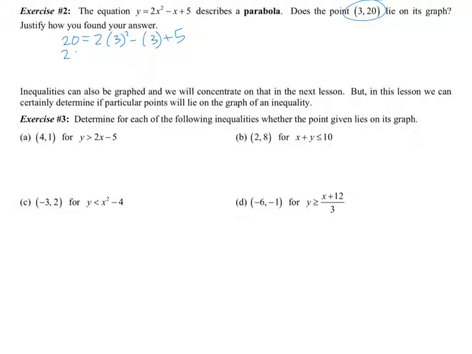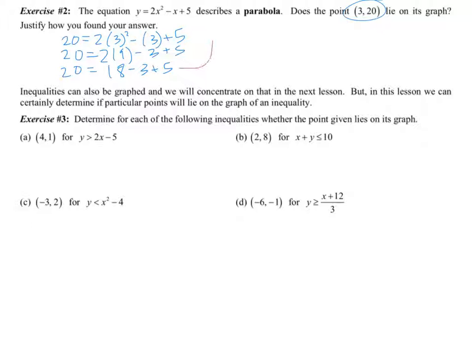So does 20 equal, so PEMDAS, parentheses, we don't have anything in parentheses. The parentheses we do have is really just multiplication. Exponents is next. So 3 squared is 9, minus 3 plus 5. So now multiplication. 2 times 9 is 18, minus 3 plus 5.